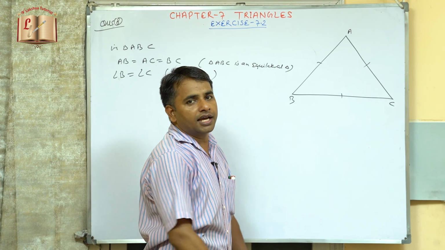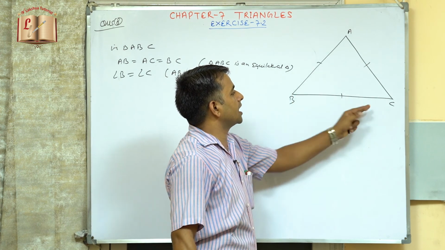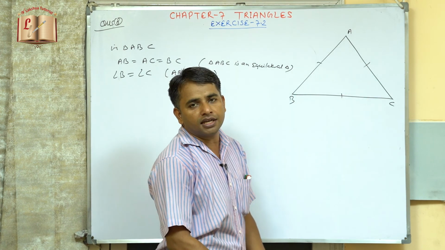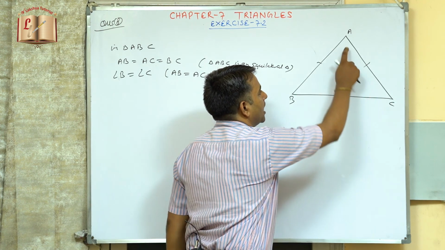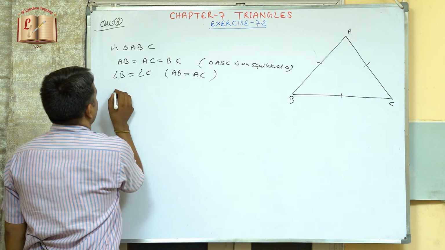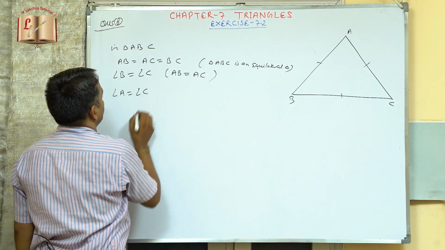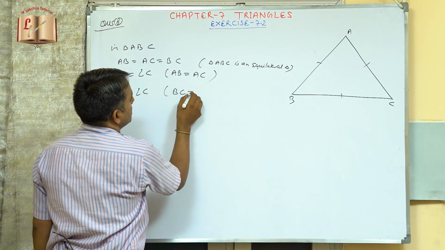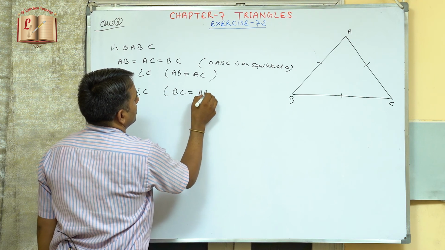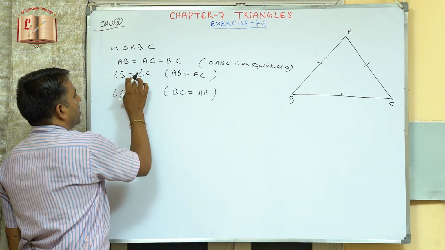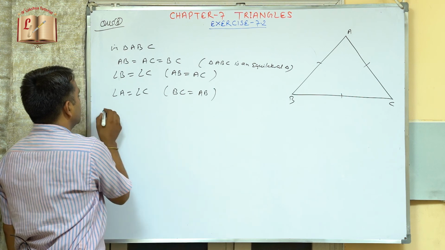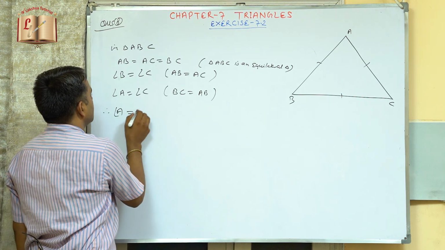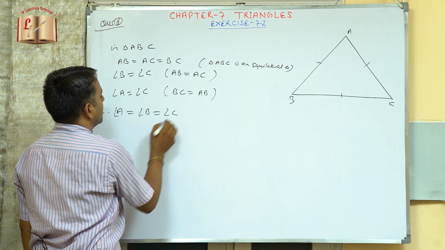So angles opposite to the equal sides are equal. Similarly, angle A is equal to angle C, because BC is equal to AB. So from these we got angle A equals angle B equals angle C.